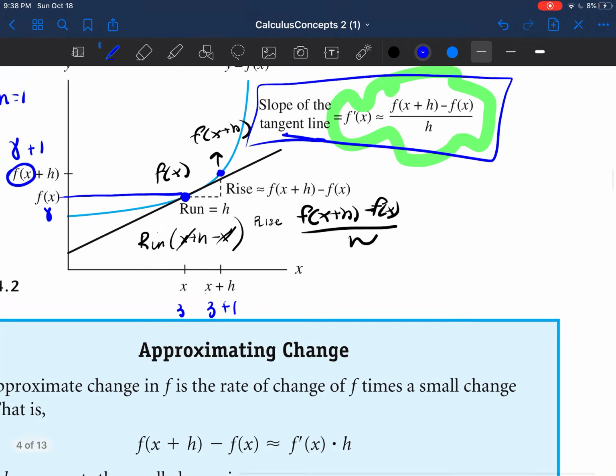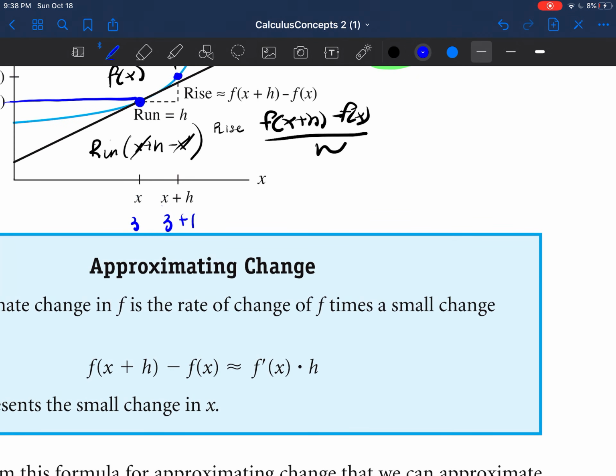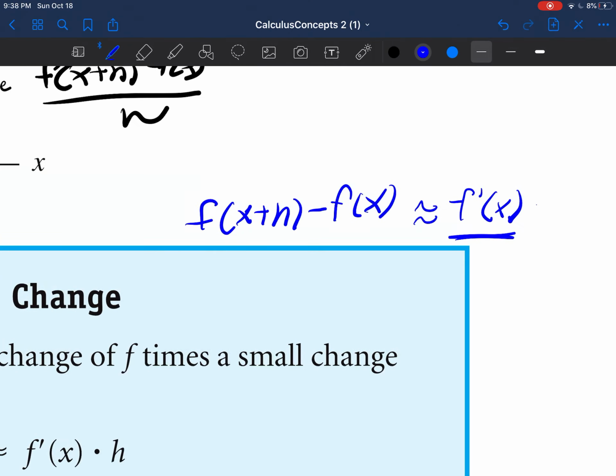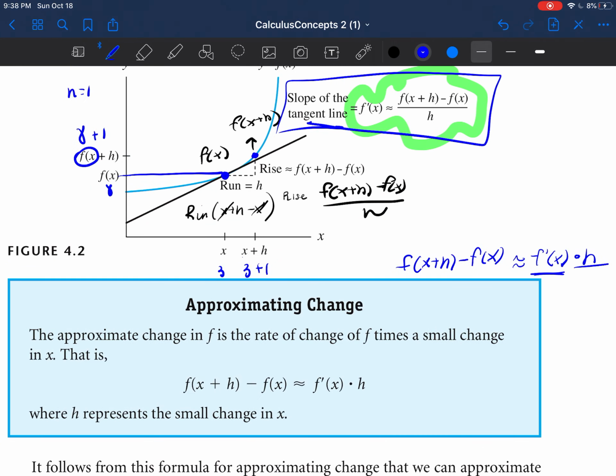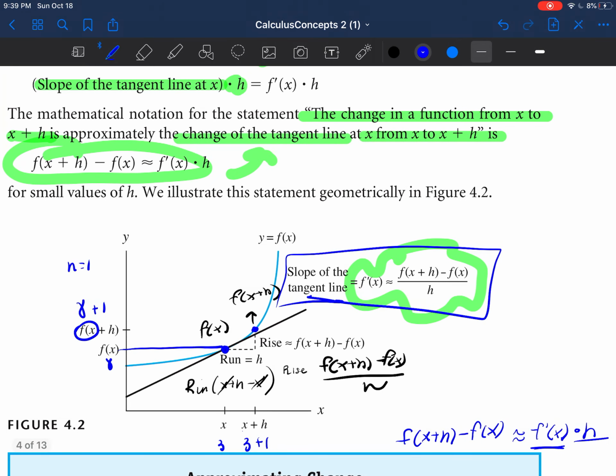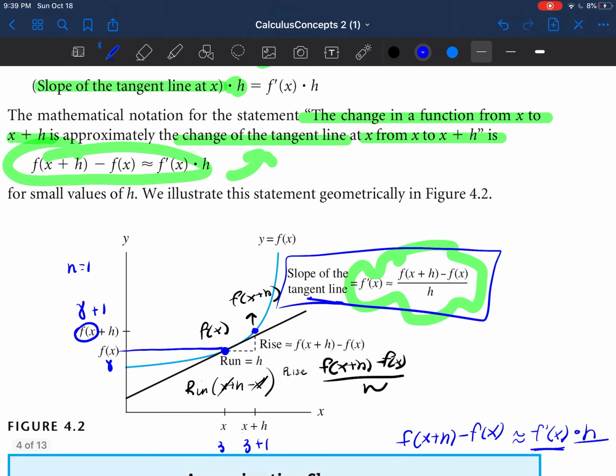So let's look at this. All this is saying is that f of x plus h minus f of x is approximately the change of x, f prime, with respect to h. And h would be like the time value, the thing you plug into the derivative. So let's just make sure we did everything here. Yeah, awesome.